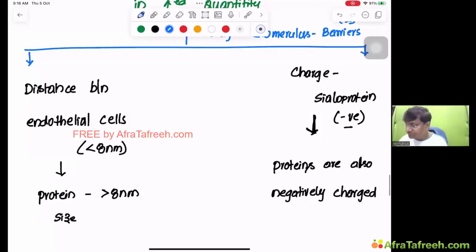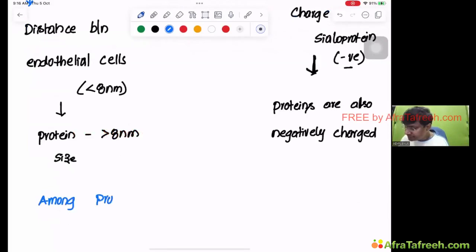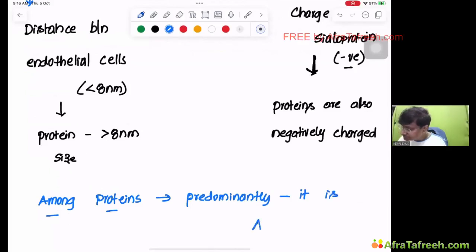Okay, now among the proteins, which protein is excessively excreted? Predominantly, it is albuminuria.